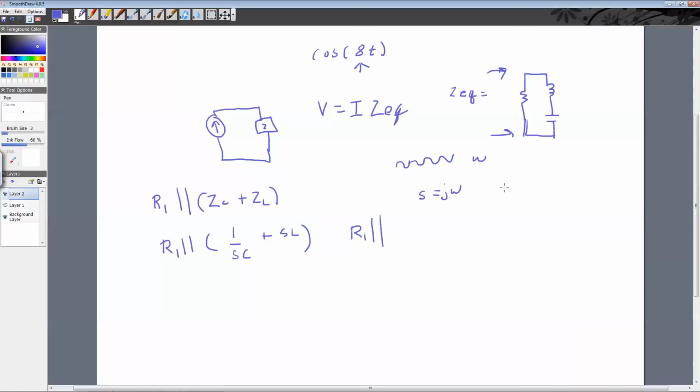So J omega equals 8J. All right. So let me just pull it out here. So 1 over SC equals 1 over J 8.